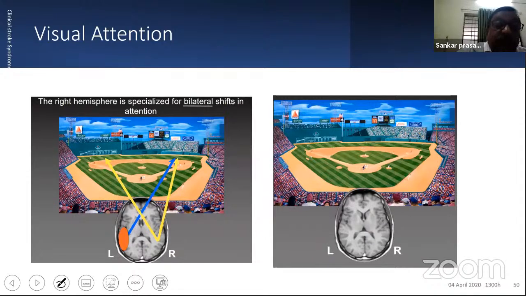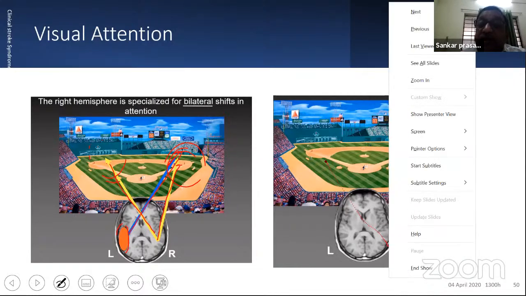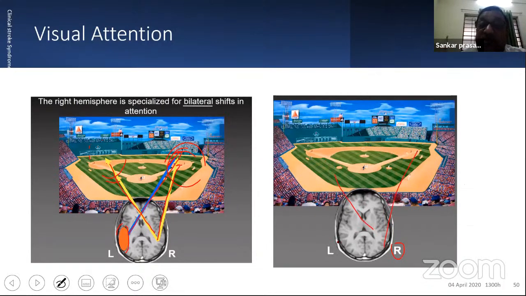You see, the right cerebral hemisphere will control visual attention shifts in both the visual fields, whereas the left cerebral hemisphere will only control the right side. So you can see in the normal eye, the right cerebral hemisphere is controlling the left and also the right visual field, whereas the left one will control only the right side.